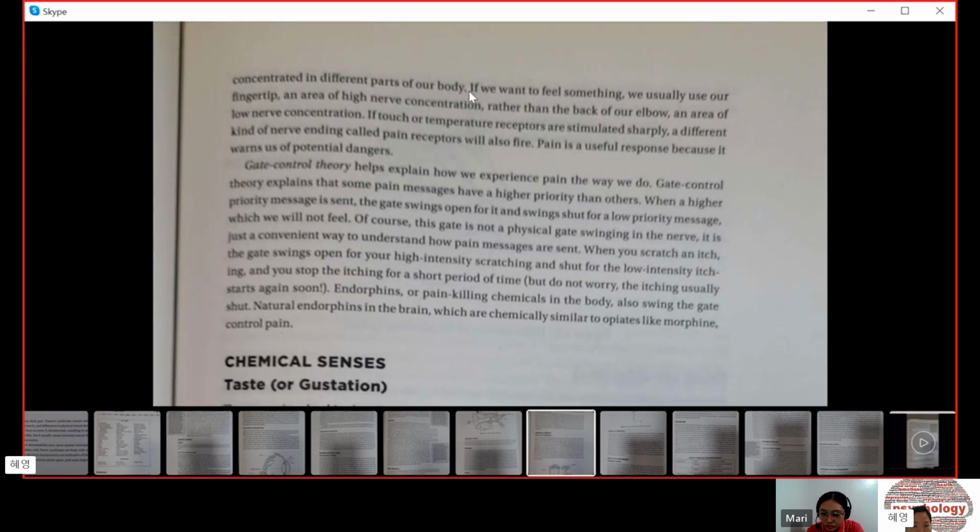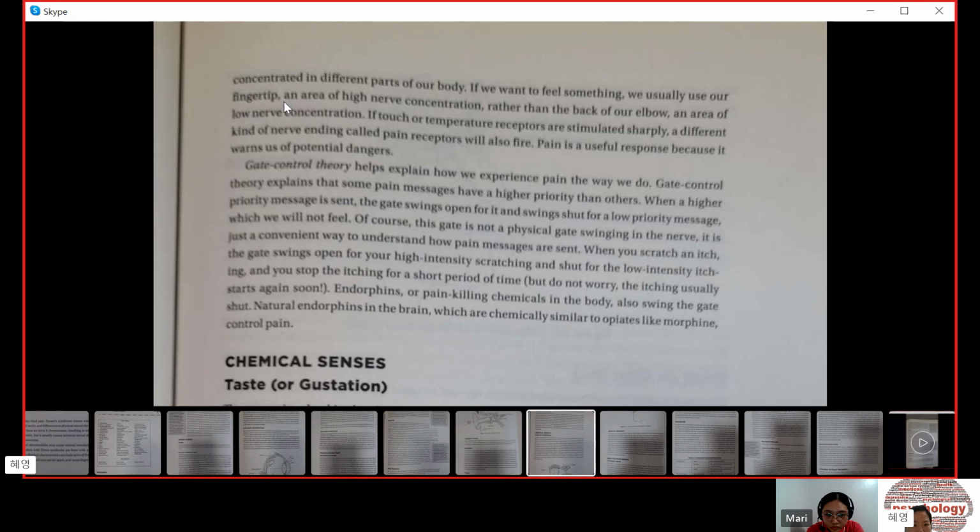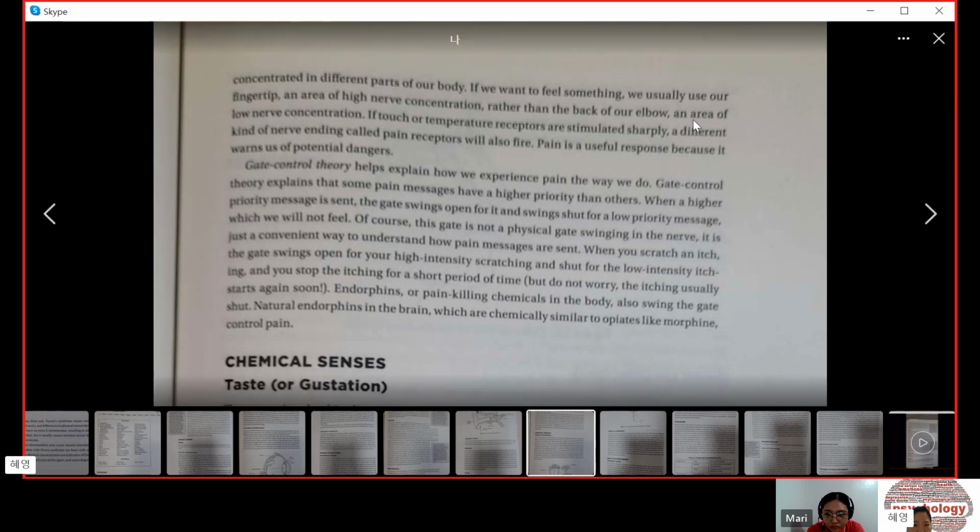If we want to feel something, we usually use our fingertip, an area of high nerve concentration, rather than the back of our elbow, an area of low nerve concentration.